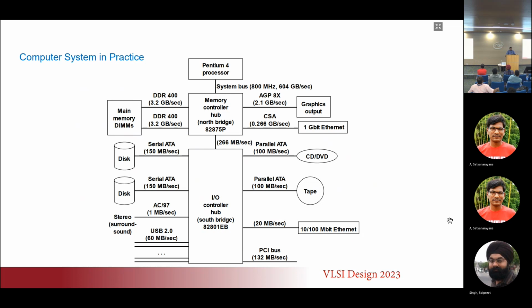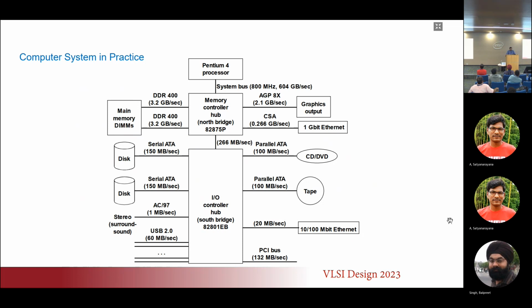The next thing is, if you look at a computer system in practice, and this is a slide which is very old, from when I was still with Intel, which is 19 years ago, it looked something like this. There's a Pentium 4 processor, then there was a system bus, and the system bus is also called FSB, or the front side bus.